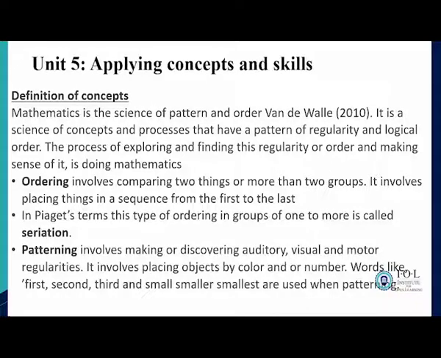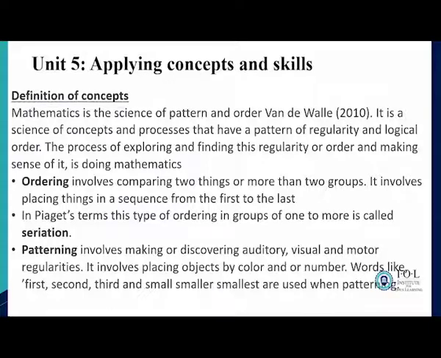Then we have these 3 main and very important concepts: ordering, seriation, and patterning. Ordering involves comparing 2 things or 2 groups. Seriation means ordering in groups of 1 or more items. Patterning involves making a discovery of auditory, visual, or motor regularities.